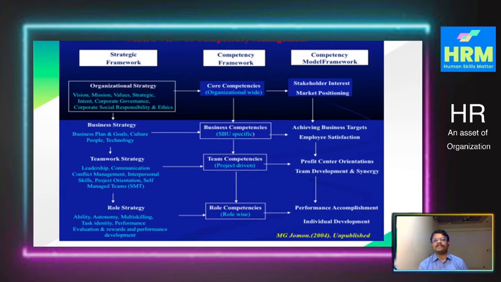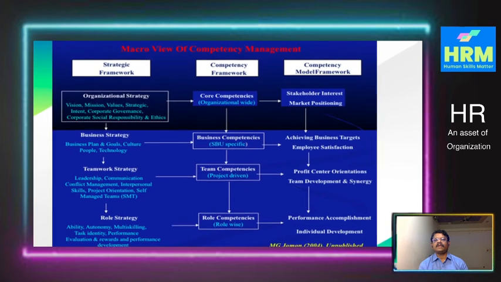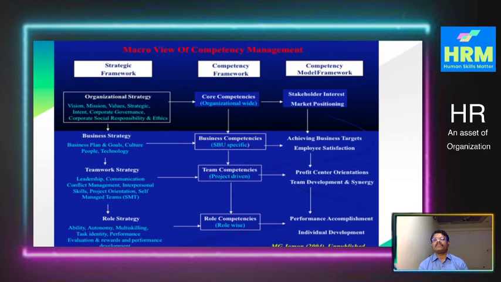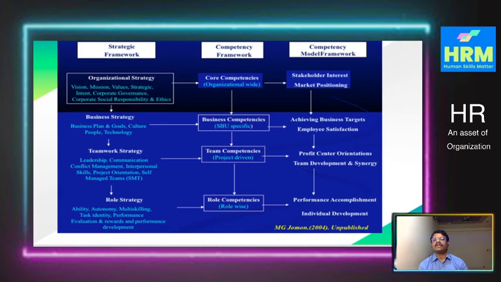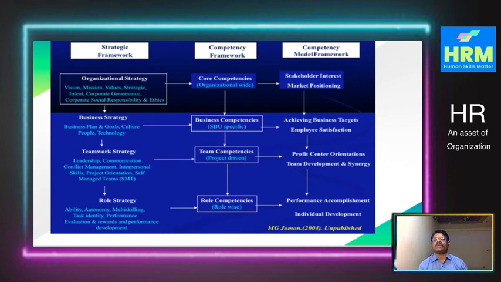Now look at another important aspect, the macro view of competency management: the strategic competency framework and the competency model framework. In all these respects, you can see the organizational strategy, business strategy, teamwork strategy, and role strategy at different levels, and then the core competencies required, business competencies, team competencies, and role competencies.